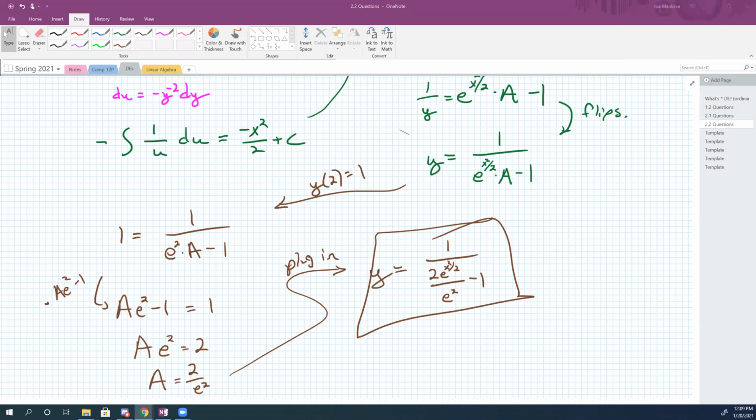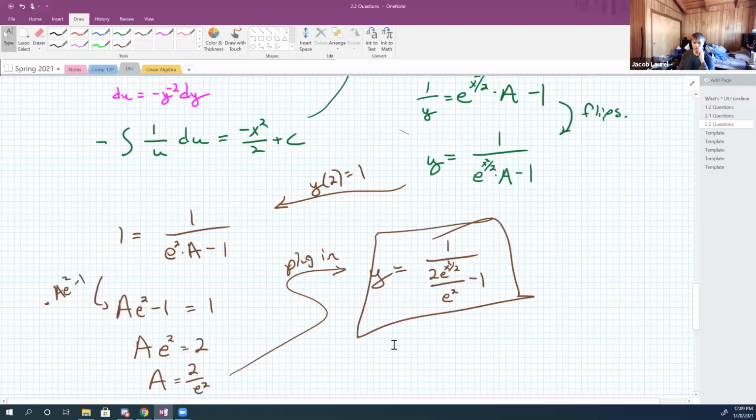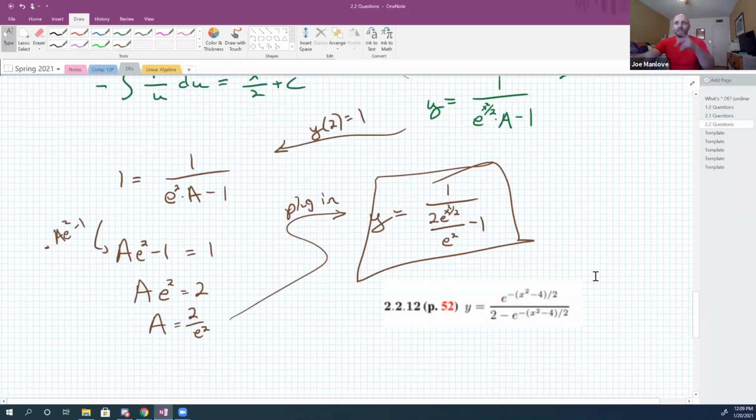I've had a couple like that, with really strange fractional stuff that I think is effectively the same. I'm sure you could manipulate this to make it look like that, but it seems like overkill. So this is what I'm looking at in the answer book. Yeah.